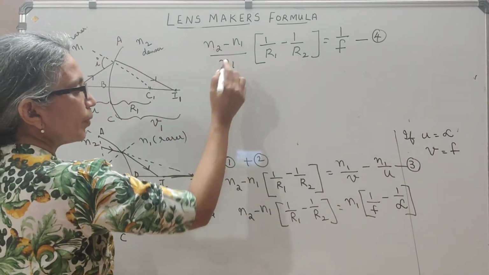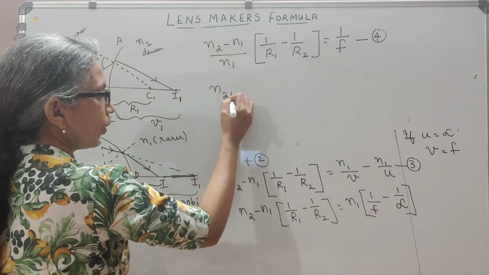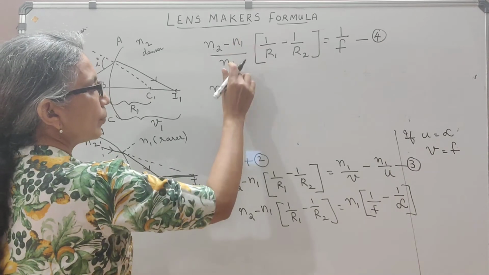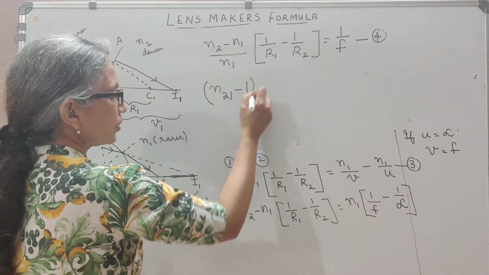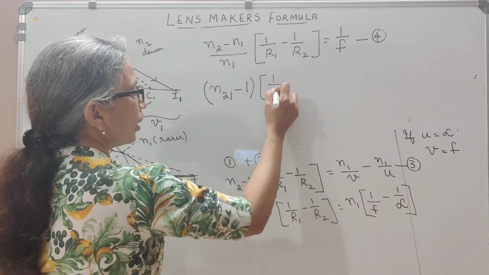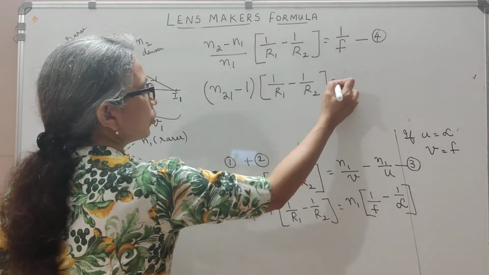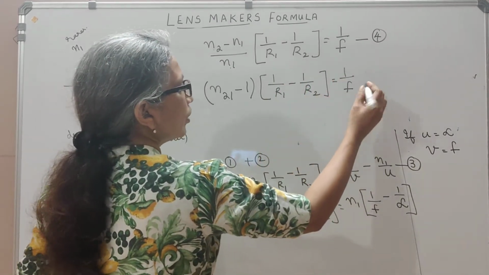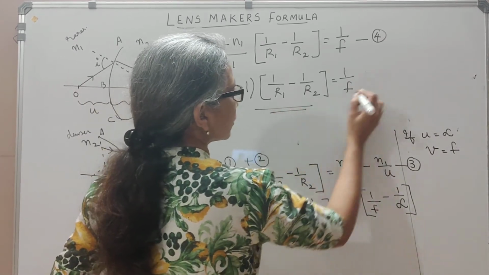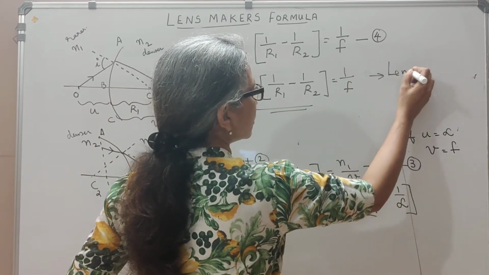Okay. So this I call my equation 4. And then what is N2 by N1? We know that is N21. So N21 minus 1 bracket 1 by R1 minus 1 by R2 is equal to 1 by F, which is what we have as the lens maker's formula.